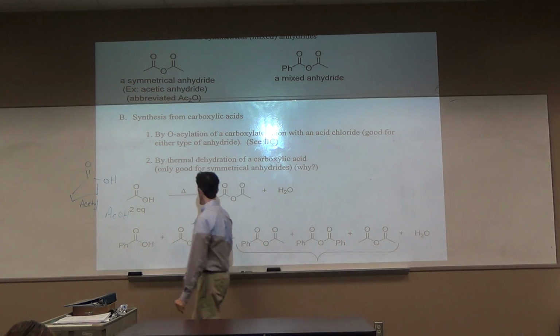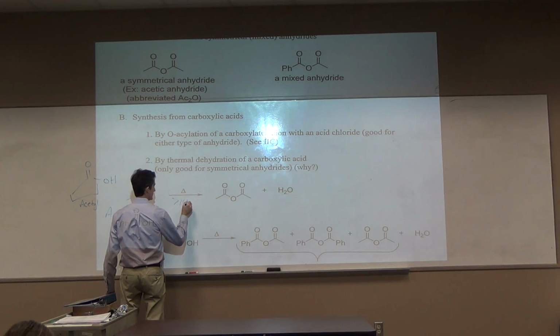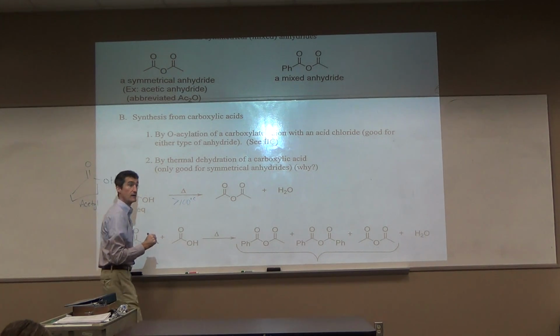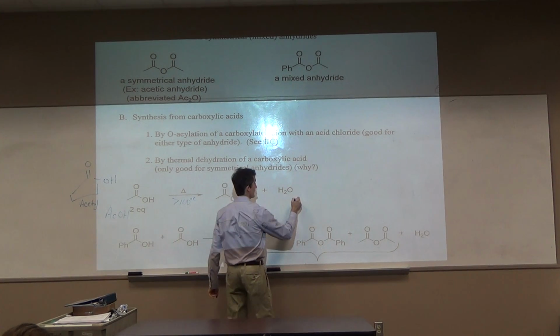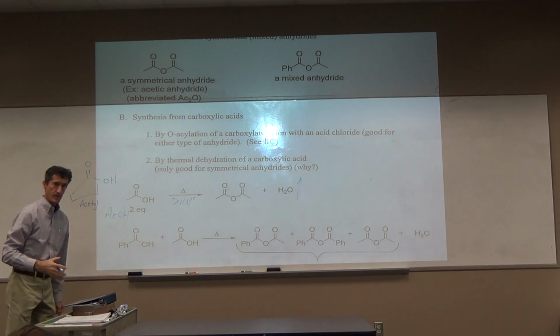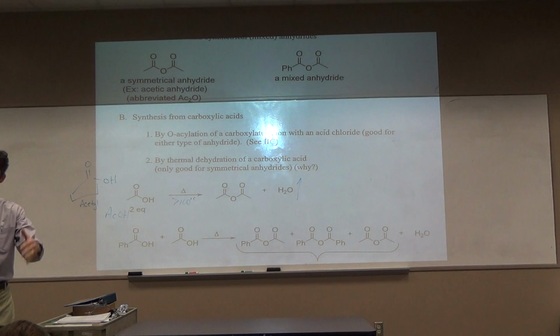If this is done at greater than 100 degrees Celsius, how will the water exist? As steam. It will come out as a gas and be driven away. If you remove water, that's anhydrous, and the product you get out of this is called an anhydride.